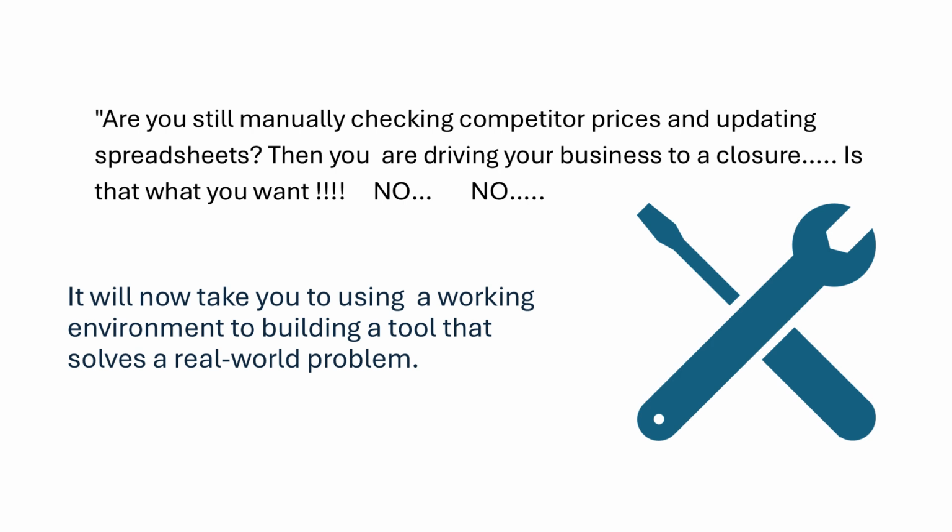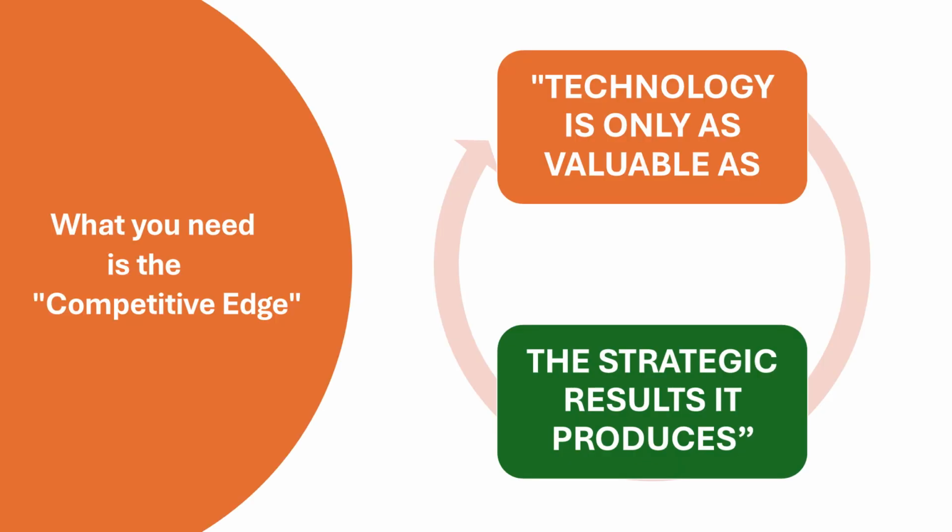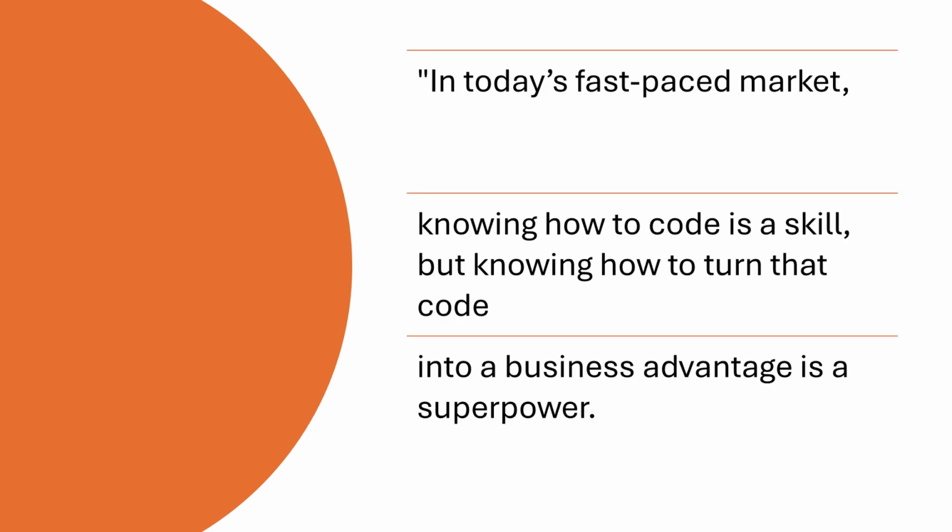No. No. Technology is only as valuable as the strategic results it produces. What you need is a competitive edge. In today's fast-paced market, knowing how to code is a skill. But knowing how to turn that code into a business advantage is a superpower.